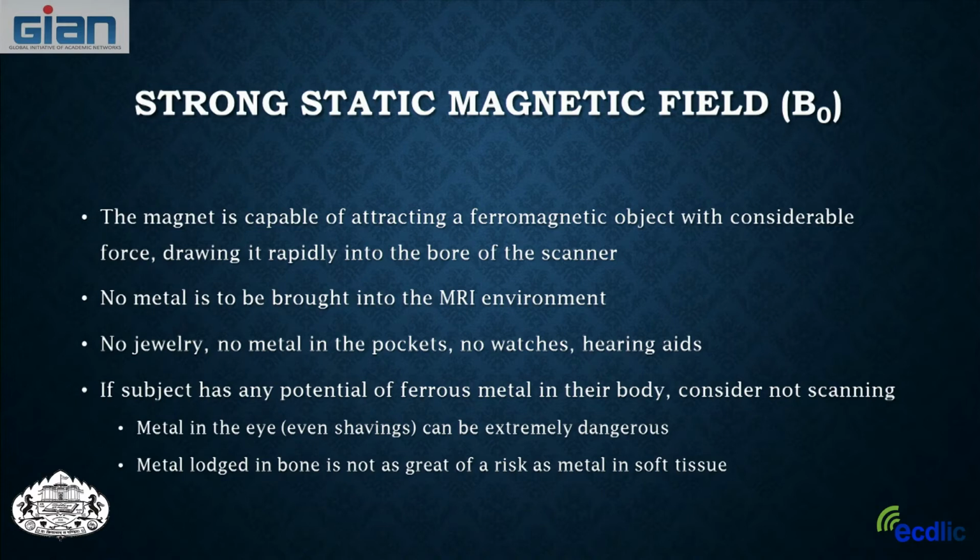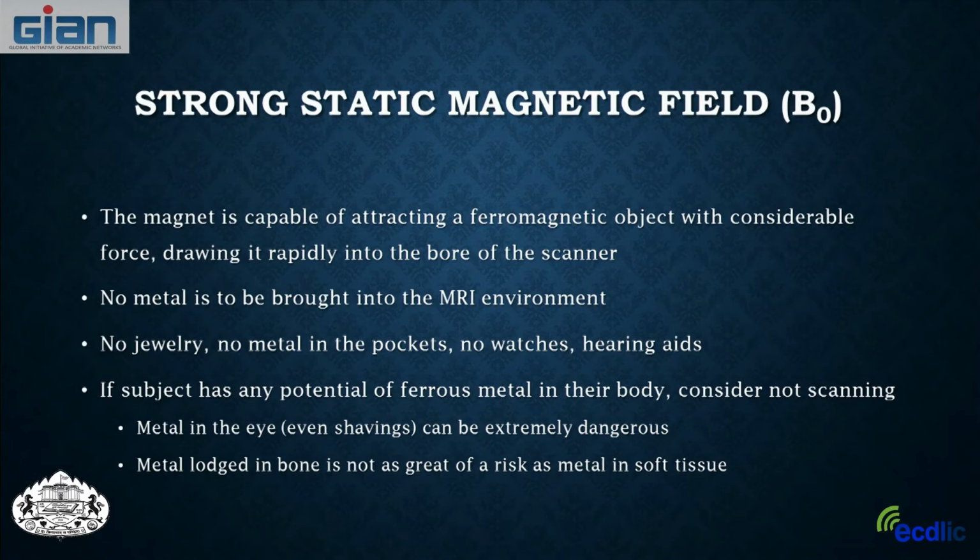There is a website for MRI safety that, if the person knows what type of product they had placed in them, we can look this up, and probably about 80% of the time that product will be listed on there. It'll either be listed as MR safe, MR unsafe, or MR conditional. So MR conditional means depending on the field strength. Higher field strengths can cause more problems in certain types of metal.